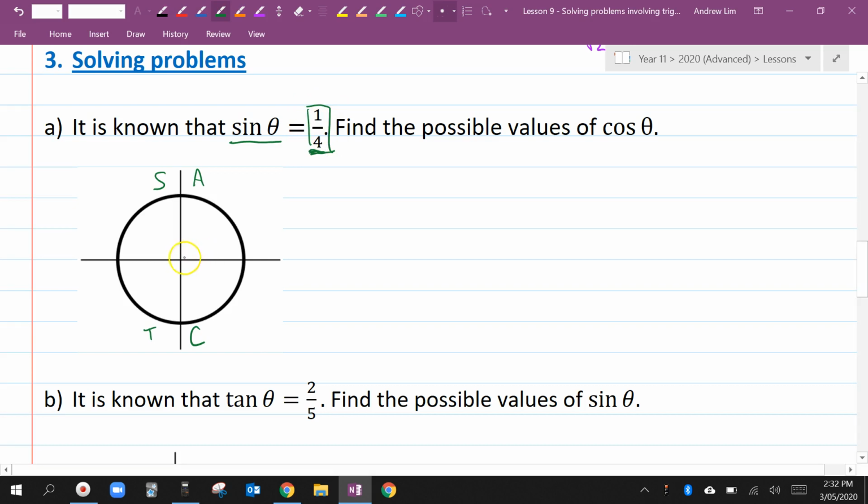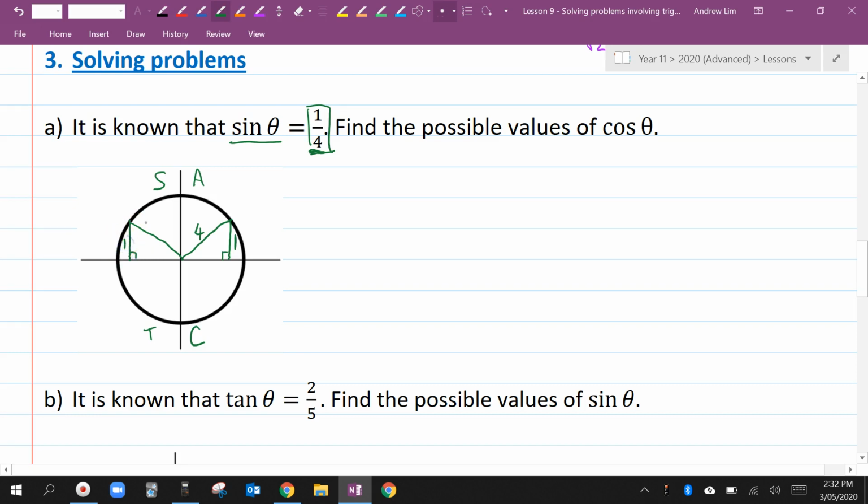So what we can do is we can just draw a right angle triangle. We know that opposite over hypotenuse is 1 over 4. And we can do exactly the same thing on the other side. And remember, it's just a mirror image. Okay, reflection across the y-axis.